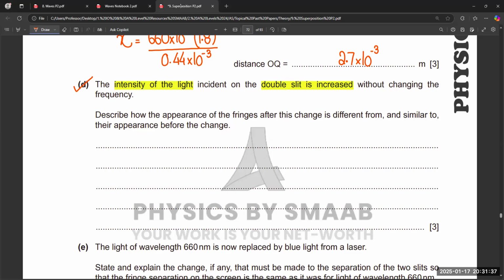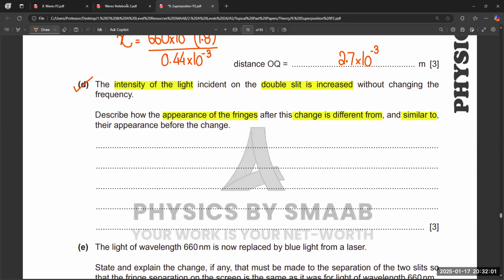If this value increases, brightness also changes. Describe how the appearance of the fringes after this change is different from and similar to the appearance before the change. Maybe they will remain similar or maybe they will change. It's your choice. You need to answer with respect to the factors.